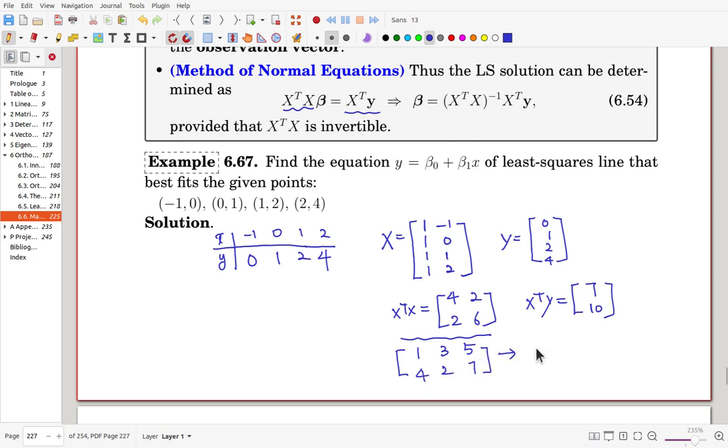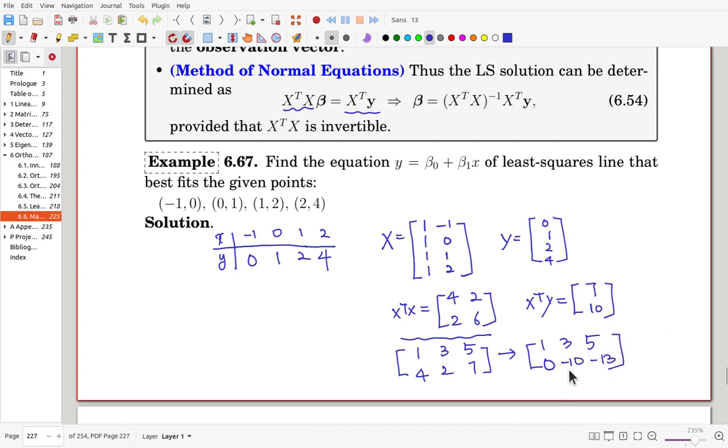From here, 4 times subtraction will make this one 0. 4 times subtraction, so minus 10. 4 times subtraction, 20 is subtracted. So that is now minus 13.